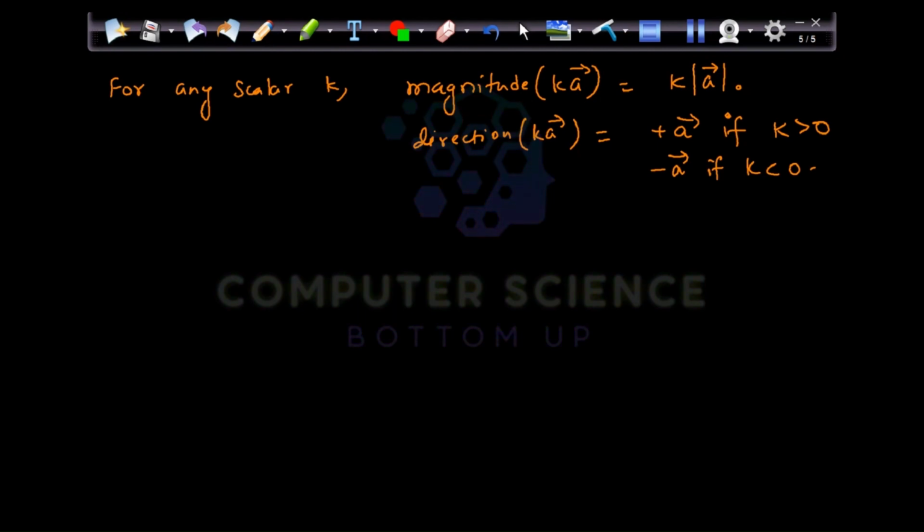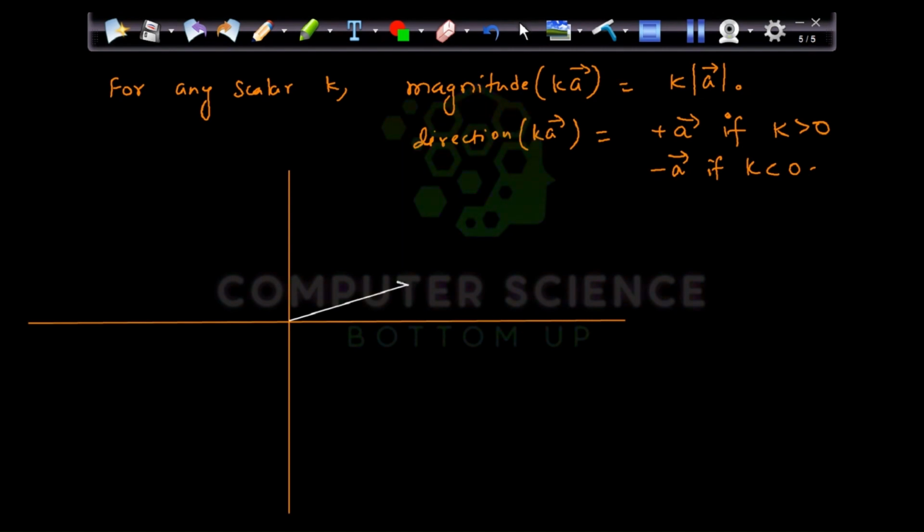Okay, now let me explain it. This is what happens. If this is your a vector, then in the same direction, if k is greater than 0, let's say k is equal to 2, then this whole vector is 2a vector.